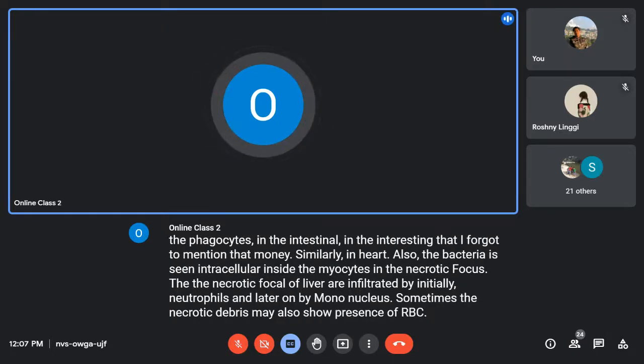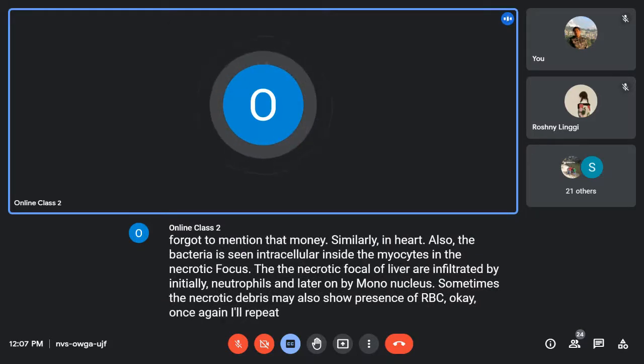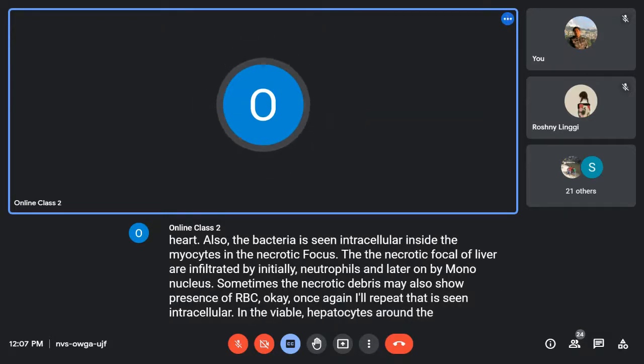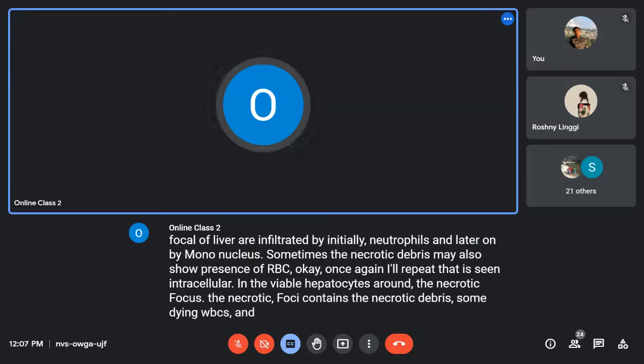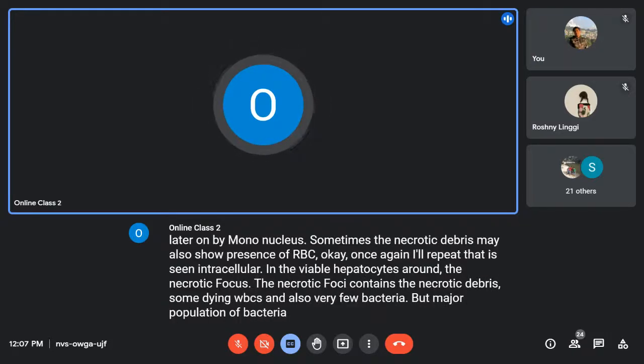Once again I'll repeat that the bacteria are seen intracellularly in the viable hepatocytes around the necrotic foci. The necrotic foci contain necrotic debris, some dying WBCs, and very few bacteria, but the major population of bacteria are on the periphery.